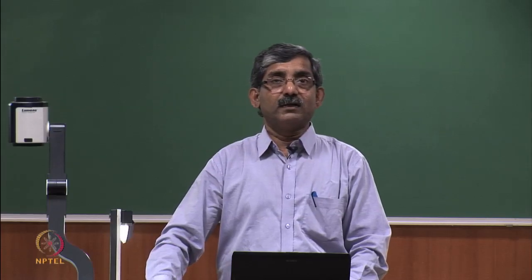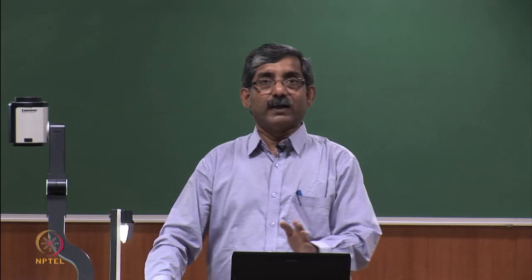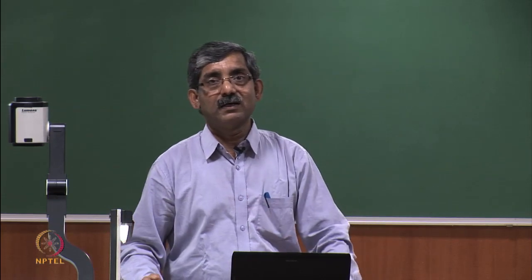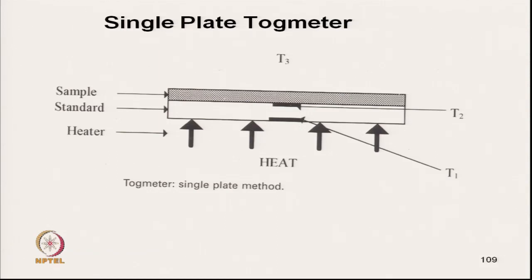After the two plate TOG meter, now we will discuss the single plate TOG meter principle. In the single plate, we simply use one standard plate. Here the top plate is not used.